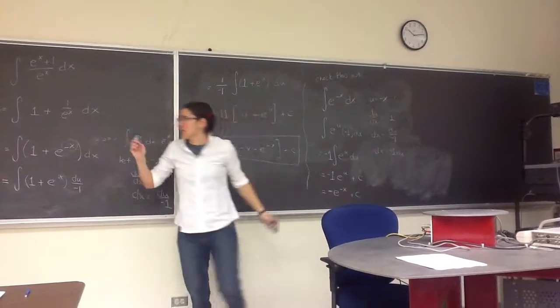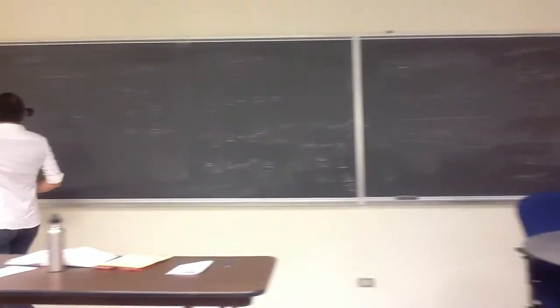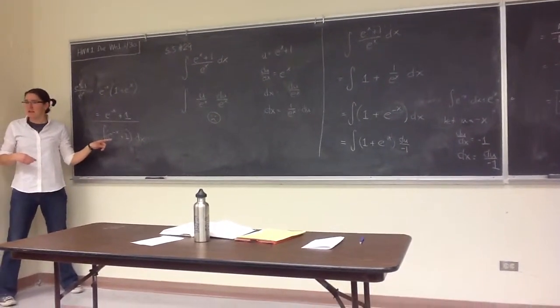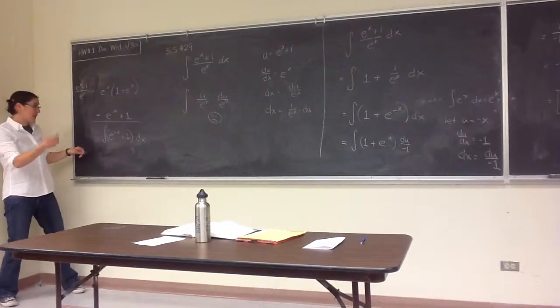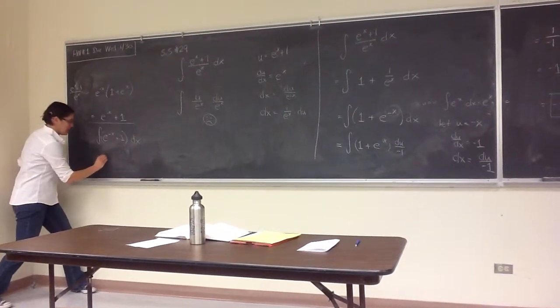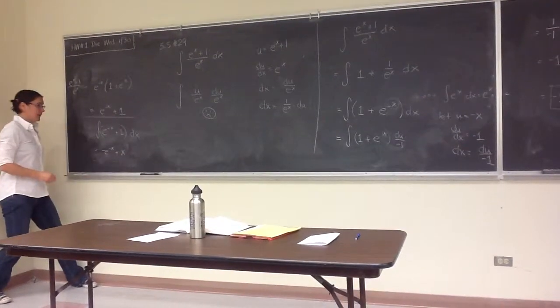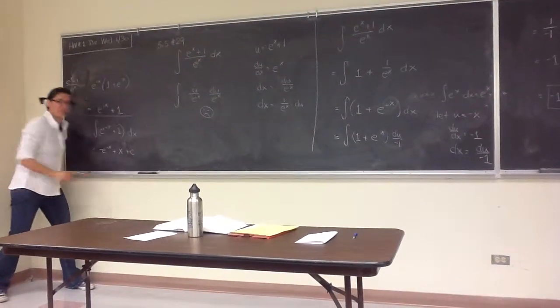So if I go back over here to this guy and think, okay, if I already know what the antiderivative of e to the negative x is, then I can say, okay, this is equal to negative e to the negative x plus c.